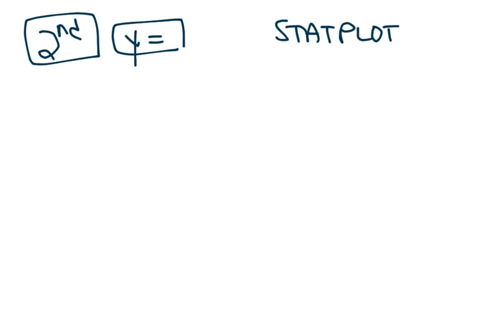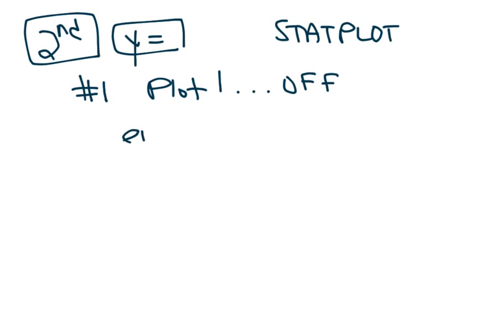Well, this is a case where we want the stat plot on. So once you get there, if plot 1 says off, you're going to press enter, and then you're going to press enter again, and it will turn it on. And you'll notice that the cursor will then be on.